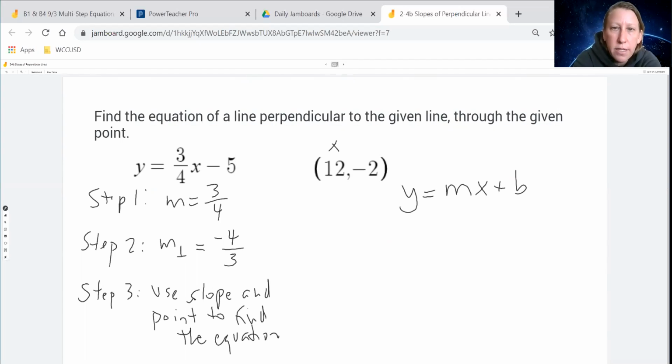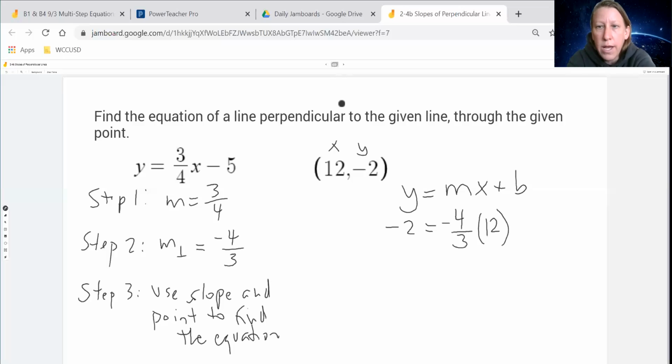This is an x and a y, so I'm going to put the -2 for the y. I'm going to put the -4/3 for the slope. I'm going to put 12 for the x and b for the y-intercept, which I don't know, which I have to find. Oh, this looks a little familiar.